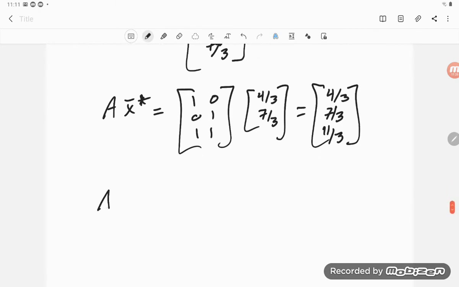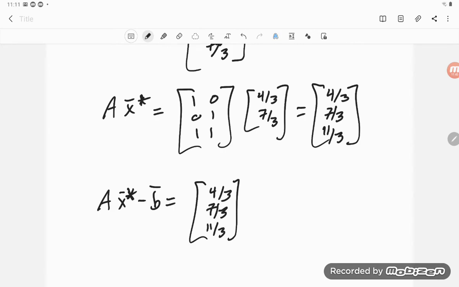And now if I take A x star minus b, I get 4/3, 7/3, and 11/3, and that's minus 1, 2, 4.